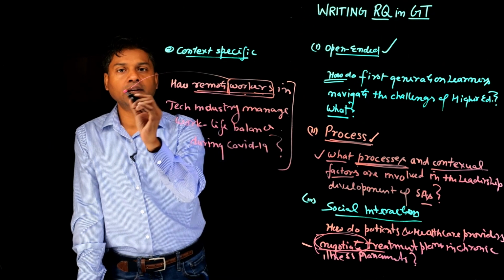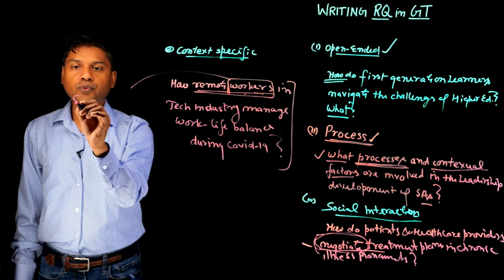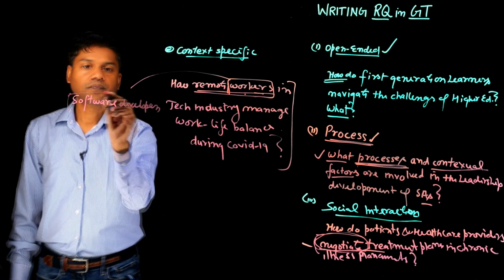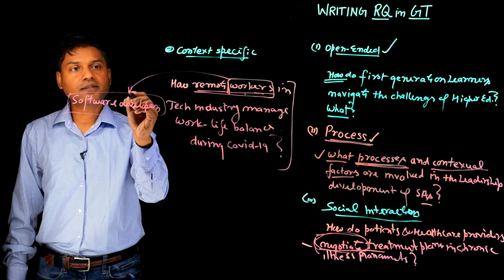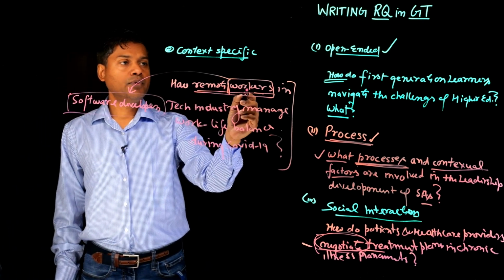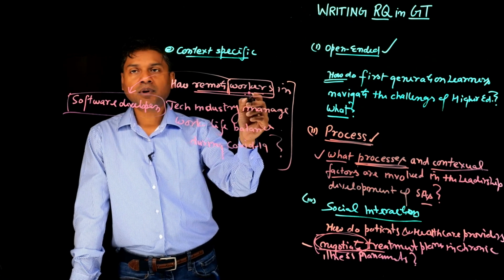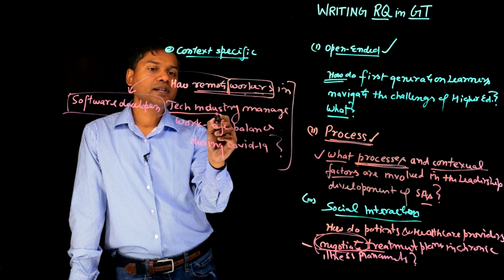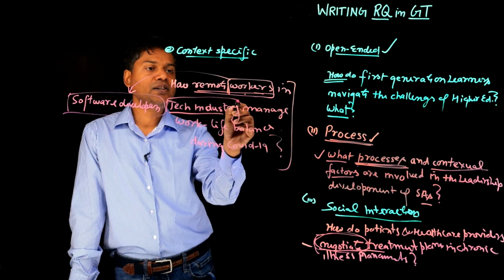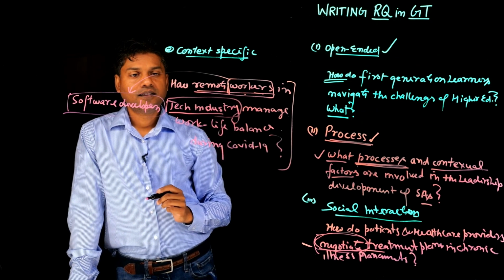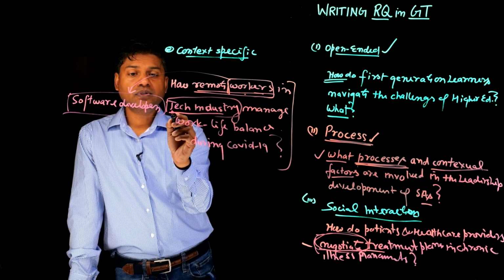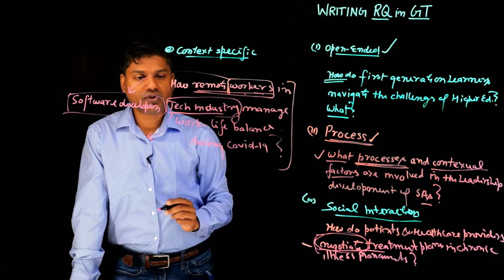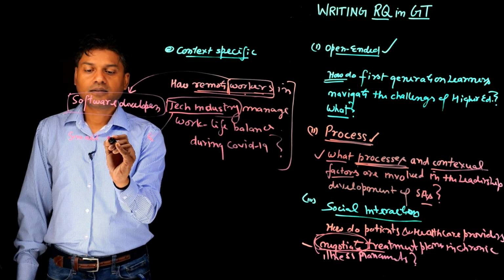So I can say software developers. So I made it more context specific, software developers, when I'm thinking about workers. Another thing that you can provide more context is here it says tech industry. Now, tech industry is a very broad term. So you could say small startups.